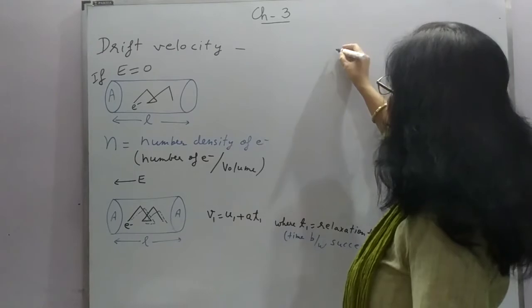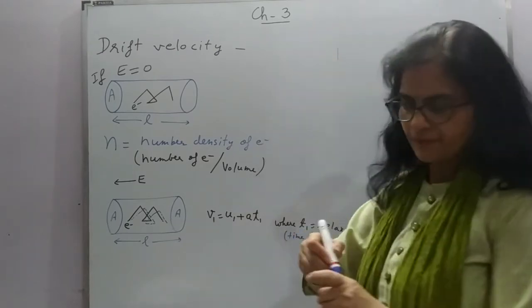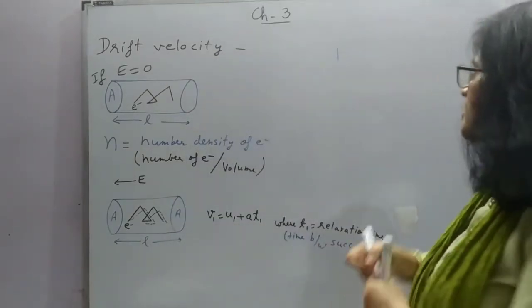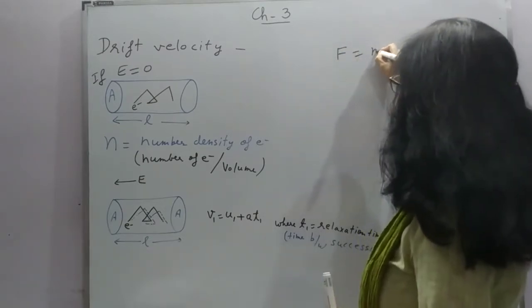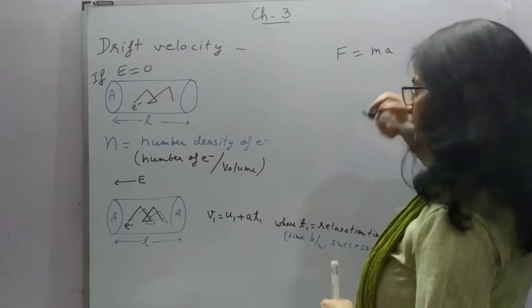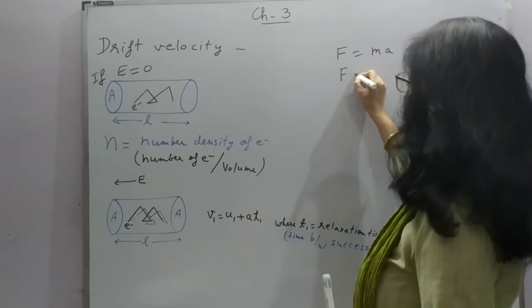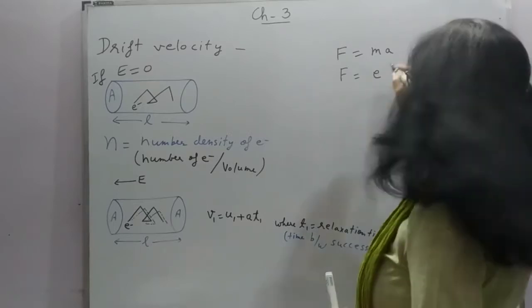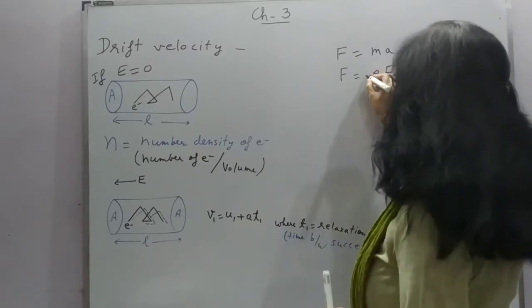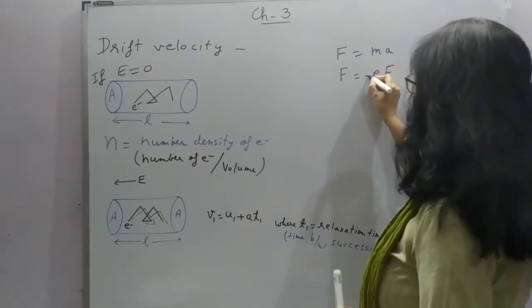So we know that here force is mass into acceleration. This is one formula, which is by Newton's second law. And the second formula over here will be by electric force. This will be charge on an electron into electric field, right? So this will be the formula for force.